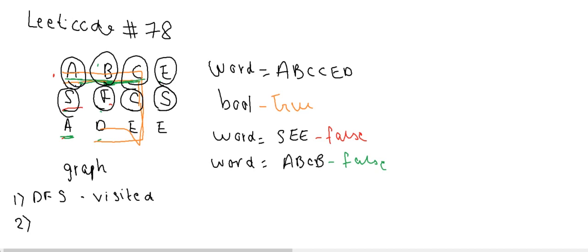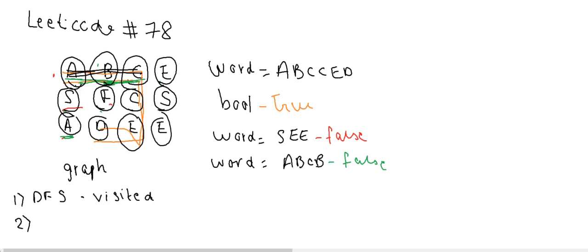And when we start the DFS from each of the cells, we also need to reset our visited array, right? Because if I'm visiting this A for this word, I'm visiting A, B, C. I have marked these as visited when I'm starting with this cell.